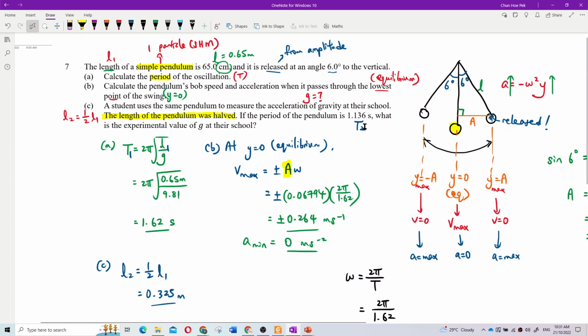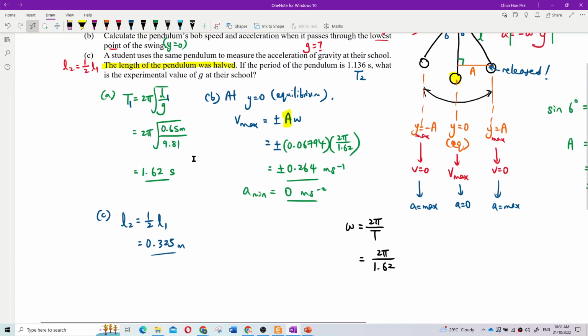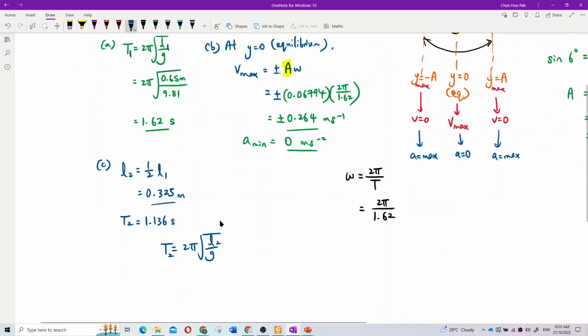Now you have T2, which is 1.136 second. So T equal to 2 pi square root L over G. So this is T2, L2. Okay, put in the values.